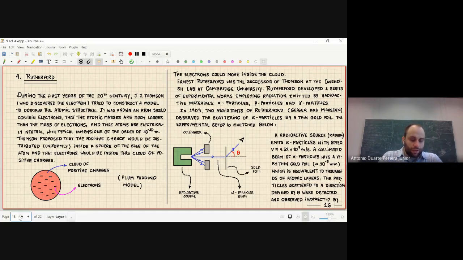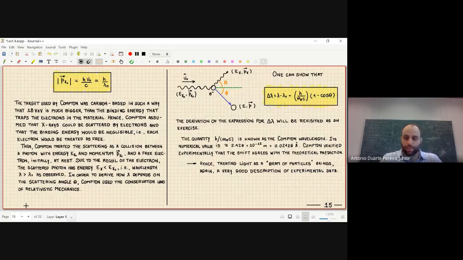And after that, we described the Compton effect, which is essentially the phenomenon that you see when you direct some light ray to a target, in this case, an electron.